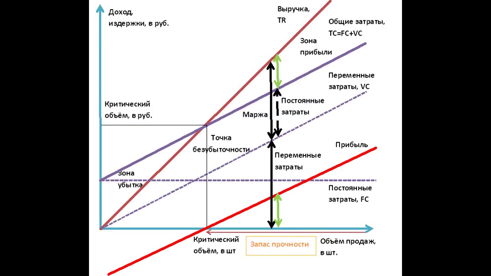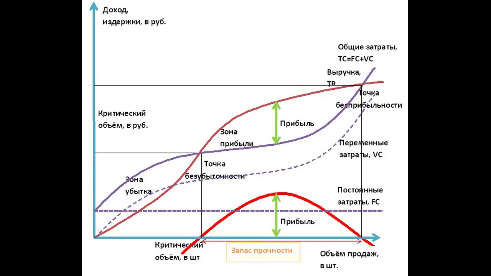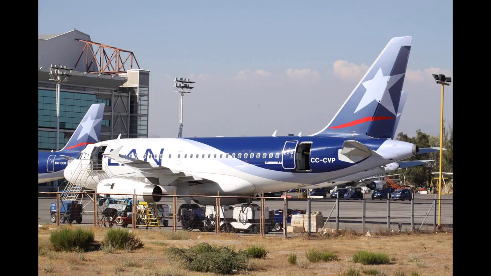In the 1970s, the company was struggling to compete with larger airlines, and it needed to find a way to reduce its costs and increase efficiency. By applying cost-volume profit analysis, Southwest identified areas where it could cut costs, such as by reducing the number of flights and focusing on shorter routes.